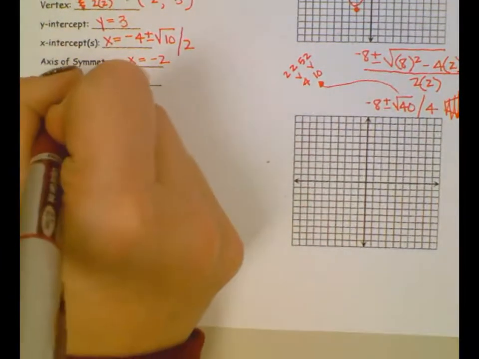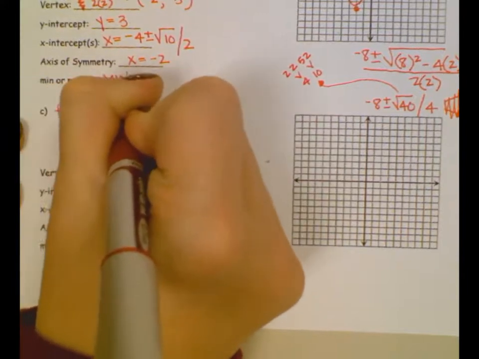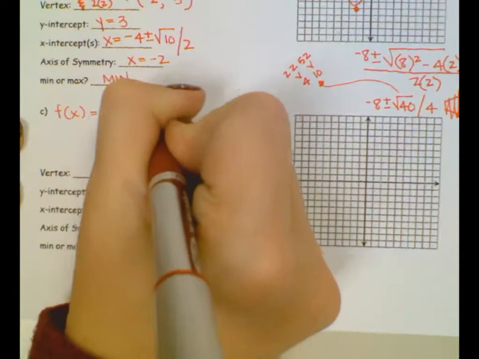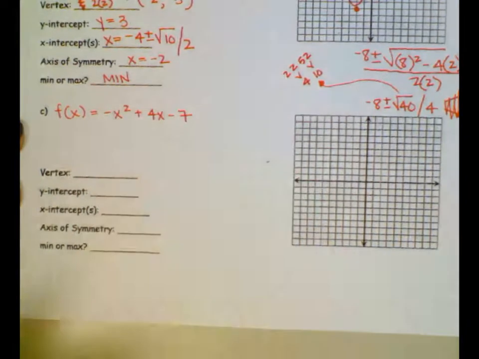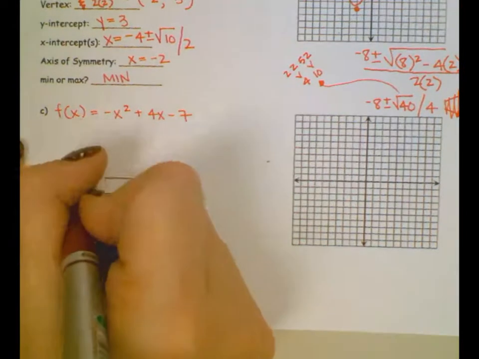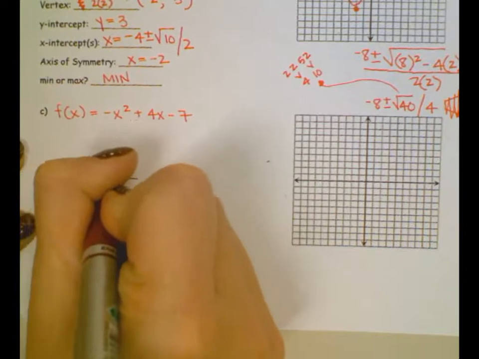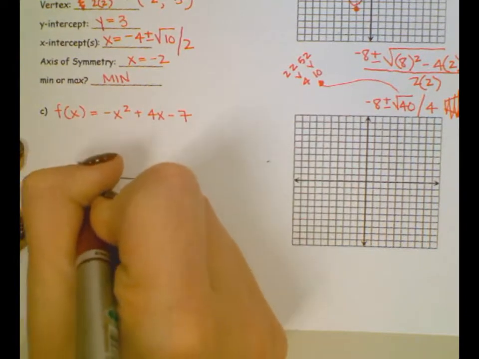C is f of x equals negative x squared plus 4x minus 7. Okay? All right, again, same thing. So I'm going to do negative b over 2a.